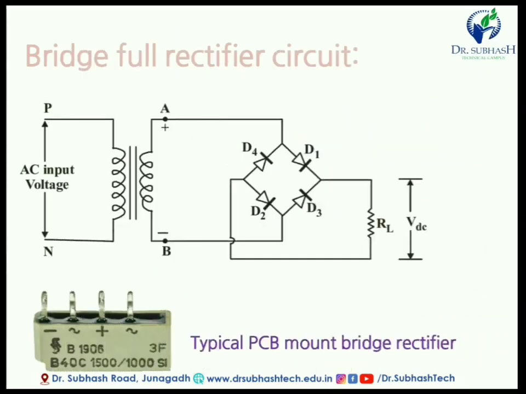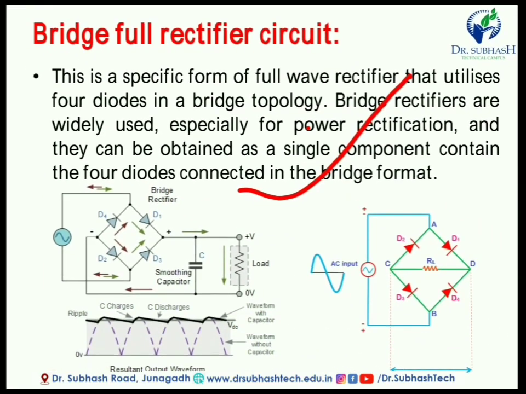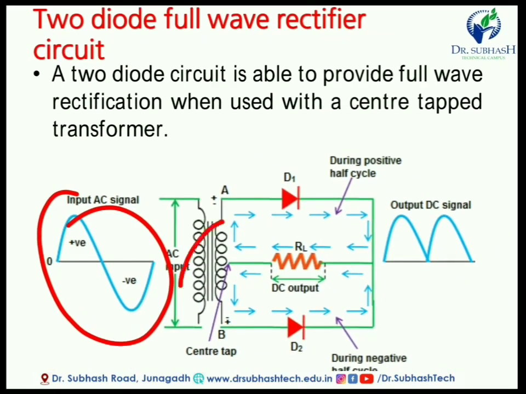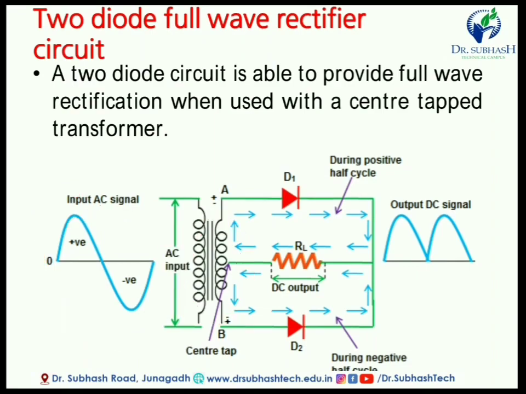Okay friends, this is the bridge full wave rectifier. The ideal rectifier circuit is like this. This is the transformer. There is no requirement of a center tap transformer. Here we will discuss the basic form of center tap. A center tap transformer is one where, with this as primary and this as secondary, the secondary coil is divided in two parts.